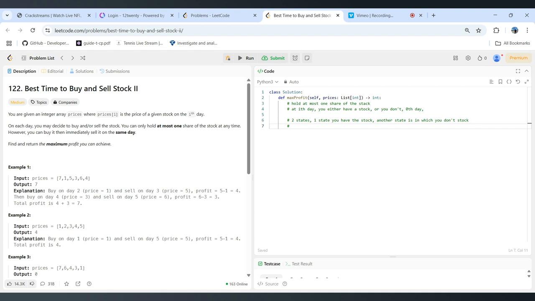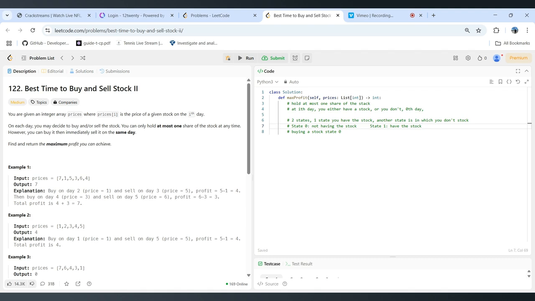Now, if we notice how these states transition to each other, well, you can obviously buy or sell it, right? First of all, let's just say state 0 maps to not having the stock, and state 1 means that you have the stock.